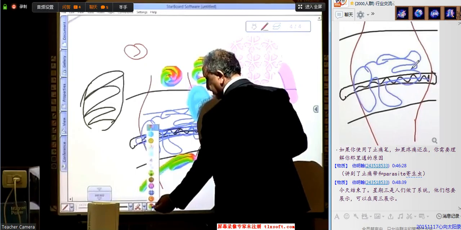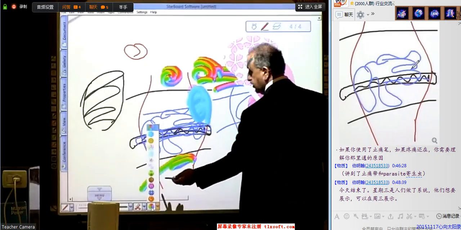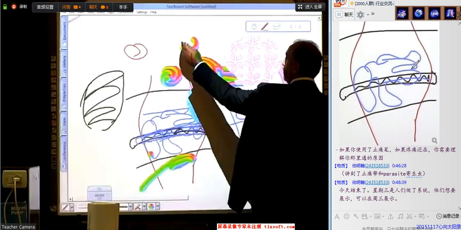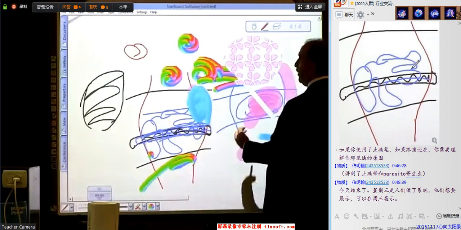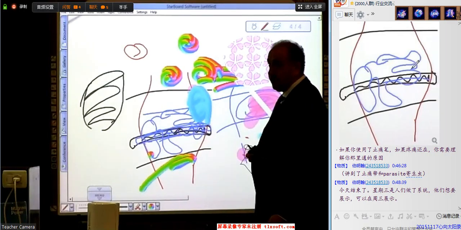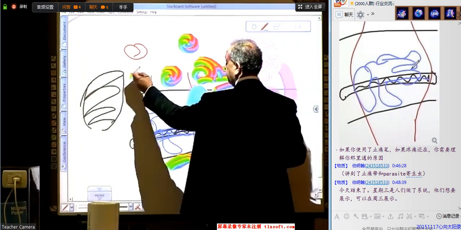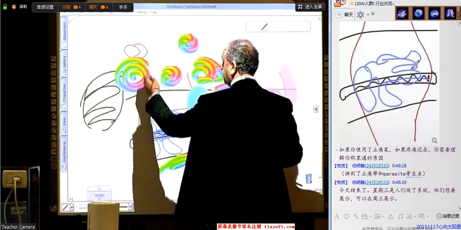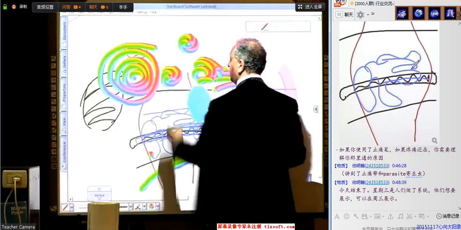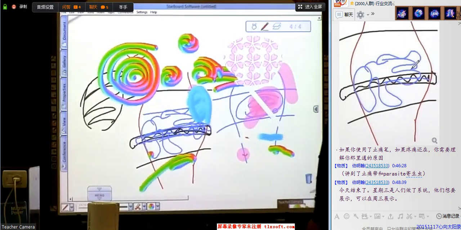Oh, now this gives us a look. Now plasma has a meaning. Plasma has a totally different meaning. Look. Different meaning.